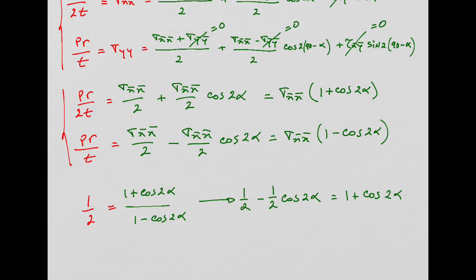So basically, I will have minus 1 over 2 equal to 3 over 2 cosine 2 alpha, right?